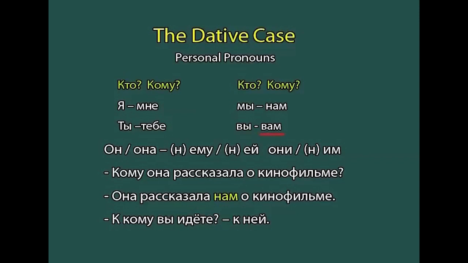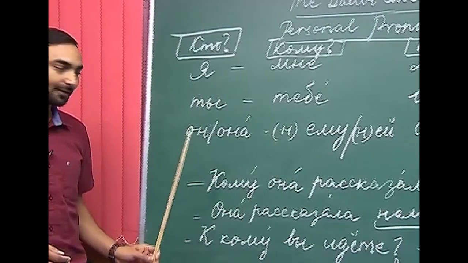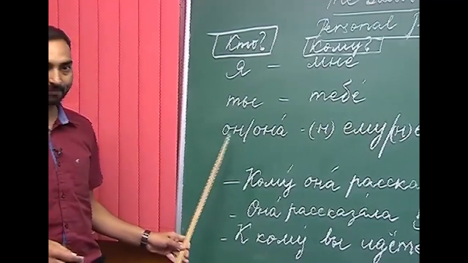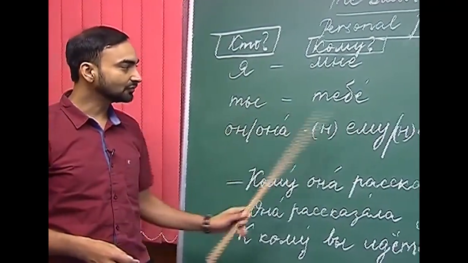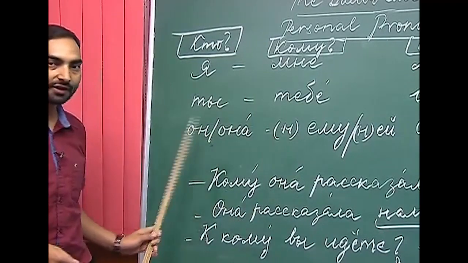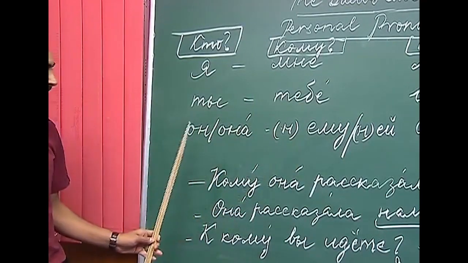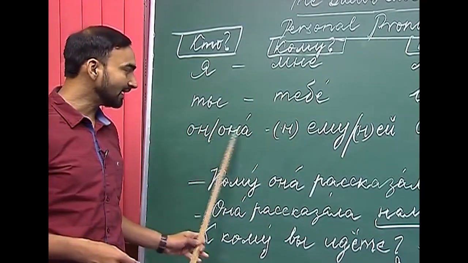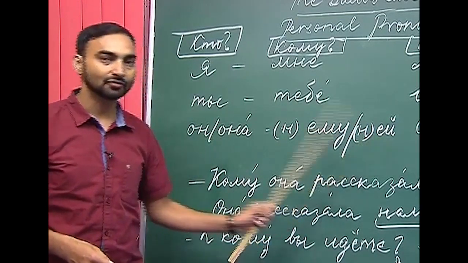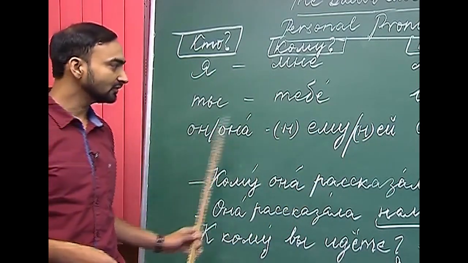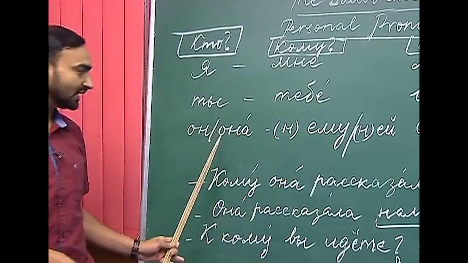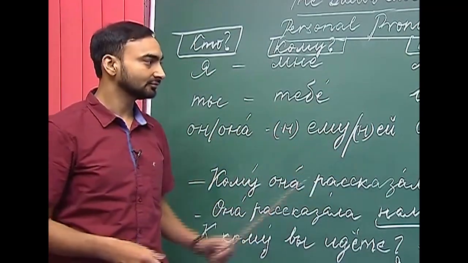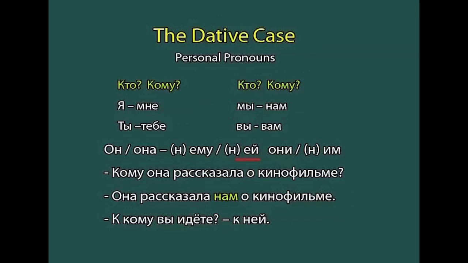Tibie, vam. Third person singular masculine on changes to yimu. On, yimu. And feminine gender ana changes to yei. So, he, on, yimu; she, ana, yei. And third person plural ani changes to im. Ani, im.